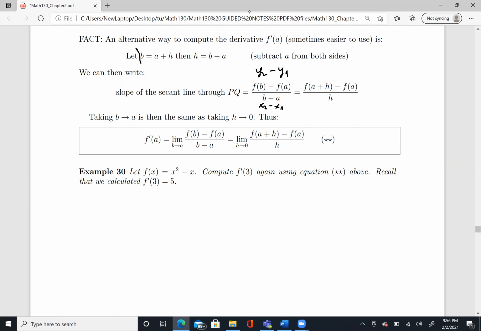Now, because of the formula here, I can change b minus a to become h, right? And b I can change to become a plus h. Then taking b closer and closer to a is actually the same as taking h closer and closer to 0.